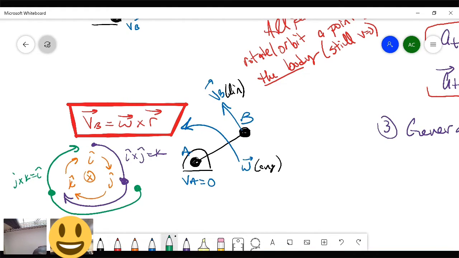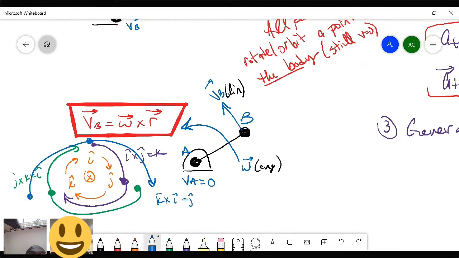And so naturally, if you cross K with I, you're going to end up on J. So K cross I equals J. You follow me? A lot of students are just going to remember I cross J as K. Good for them. I don't recommend that you try to remember too much.